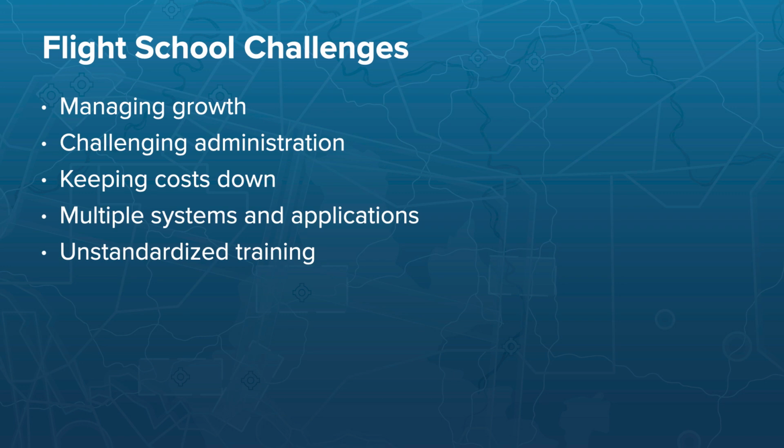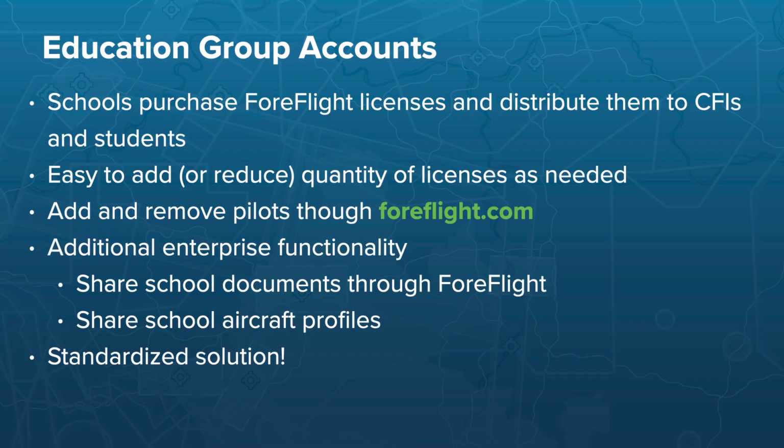I hear that too. That's a huge challenge when you're managing a flight school: how exactly are your CFIs training your students? So many times they just want to get everything standardized. And we know that standardization is a true staple in aviation. So one thing that ForeFlight's done is we've created what's called an education group account. This is really tailored specifically for flight schools.